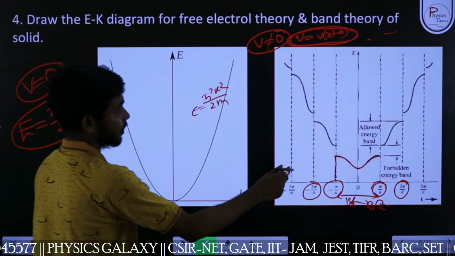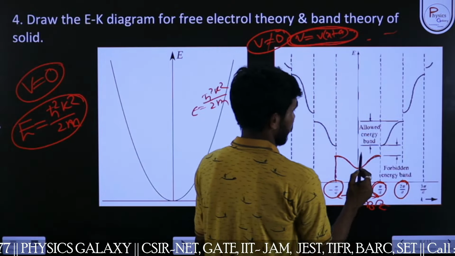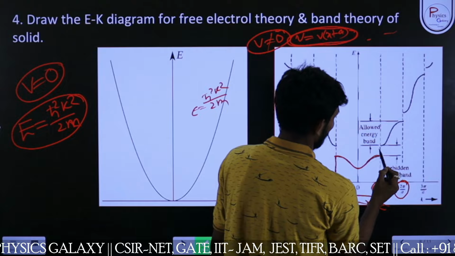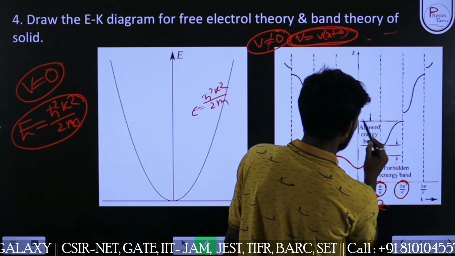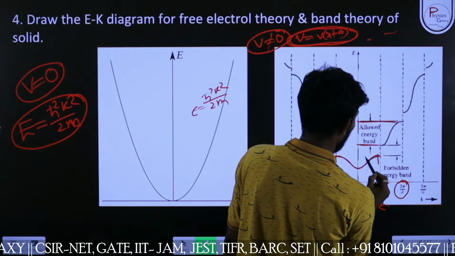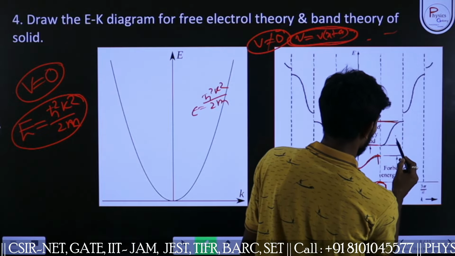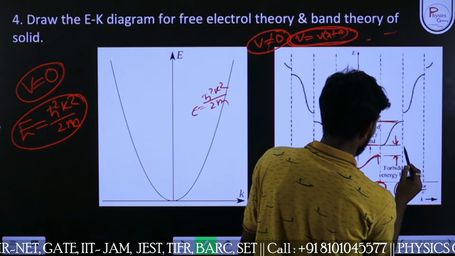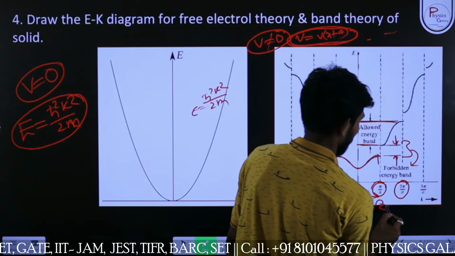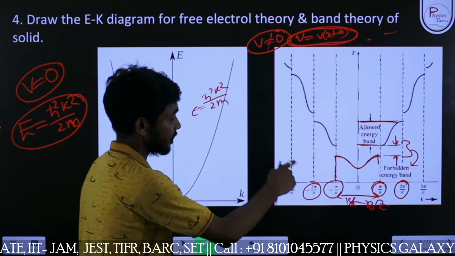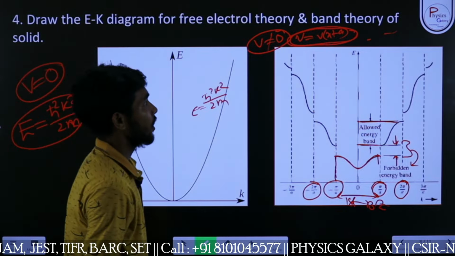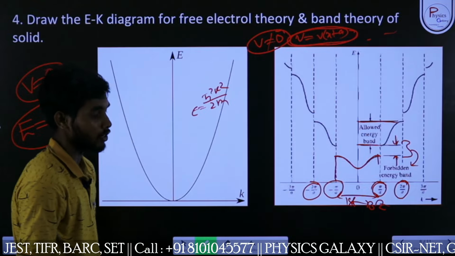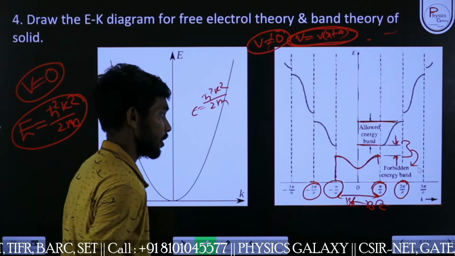This is the allowed band, and this is the forbidden energy band, which is due to Bragg reflection when we solve the Schrodinger equation using the periodic potential.